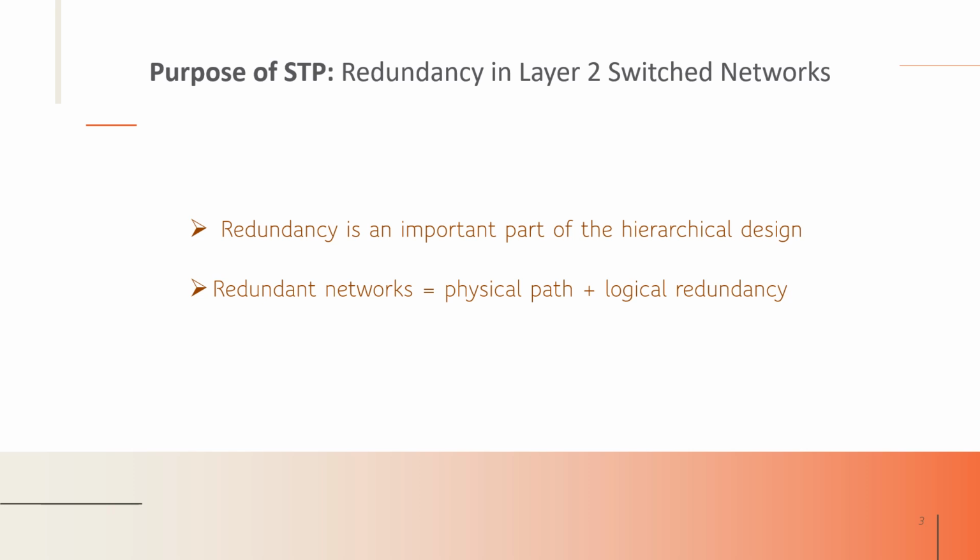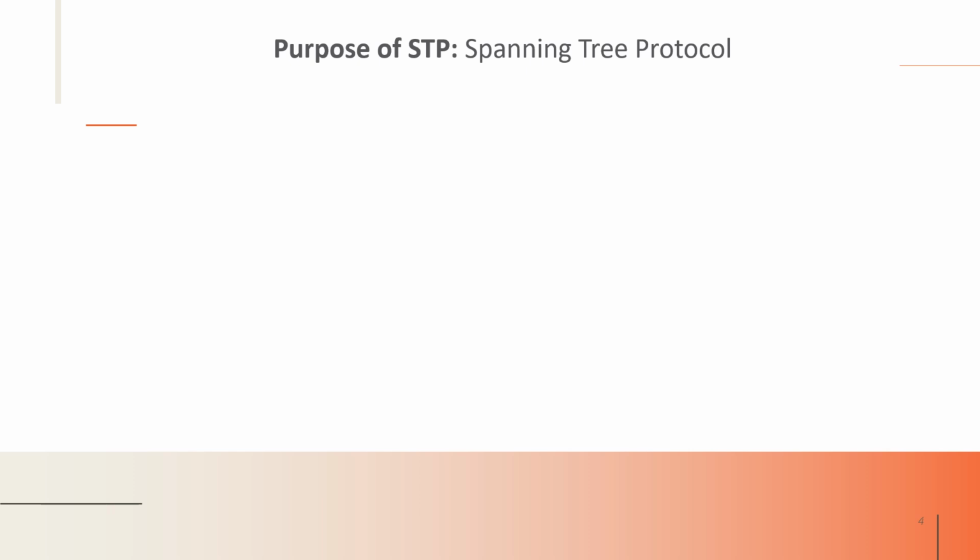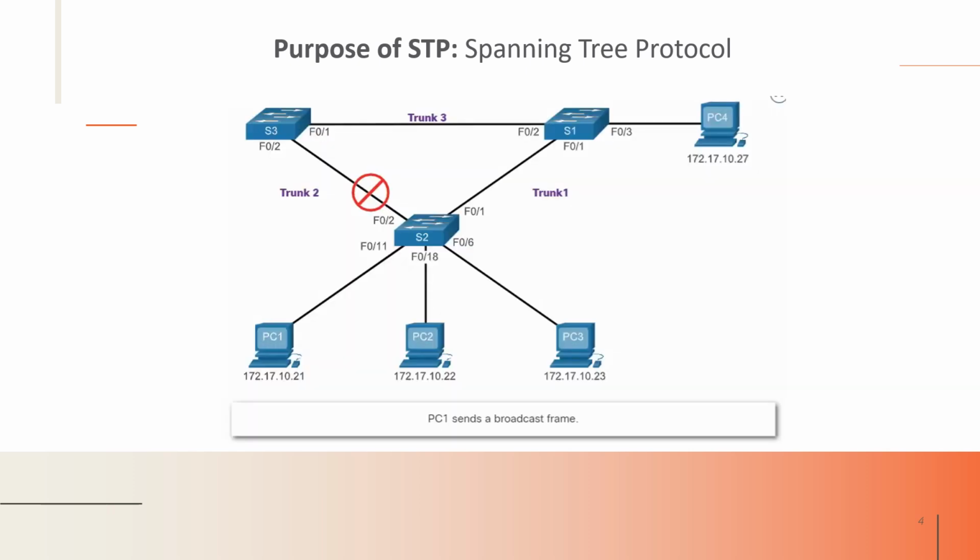So the spanning tree protocol is a loop prevention network protocol that allows the redundancy while creating a loop-free layer 2 topology.